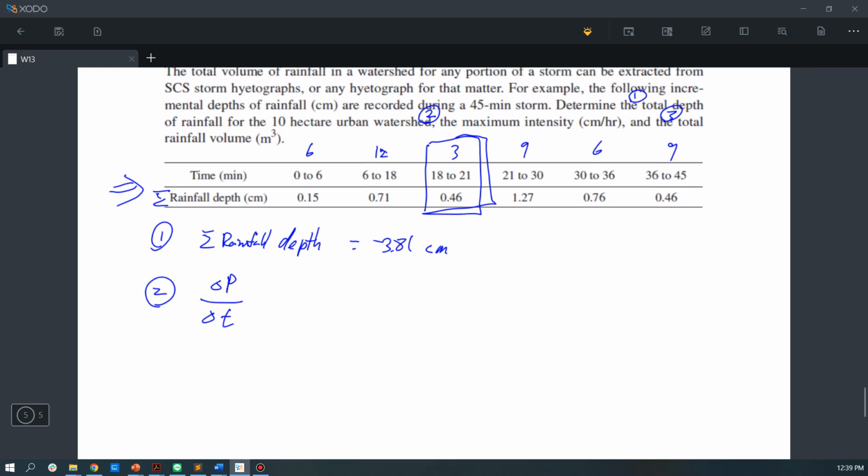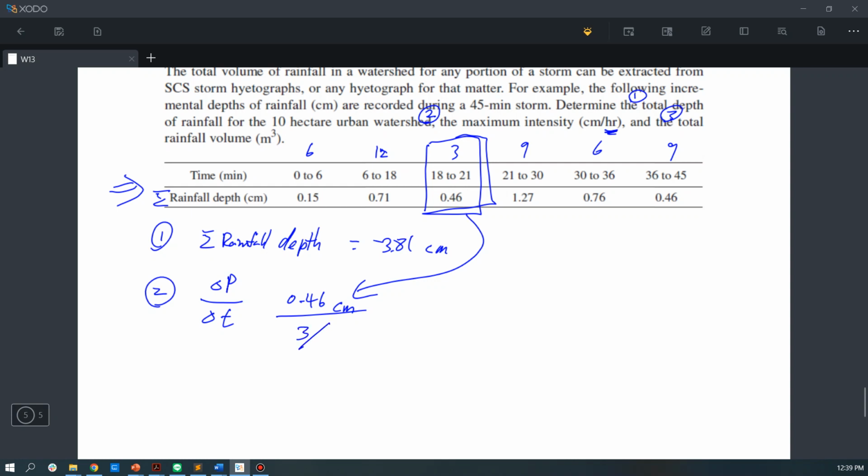But let's just calculate the intensity for this interval for demonstration. So we know that the delta P is 0.46 cm here, and we want to divide by the time interval here, and we want to express it in the units of hour.